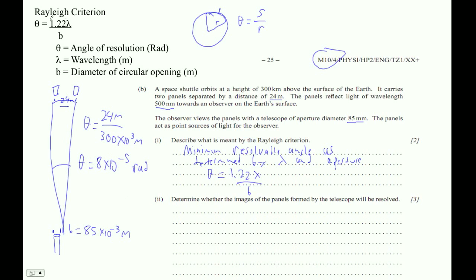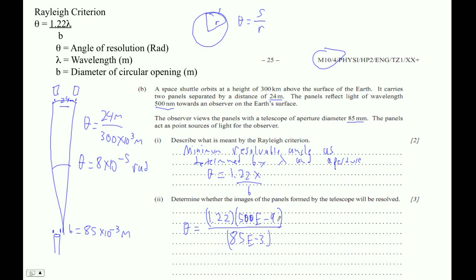Now let's figure out what the Rayleigh criterion is. So theta equals 1.22 times 500 nanometers, so 500 E minus 9, divided by the aperture, which is 85 millimeters, so 85 E minus 3 meters.